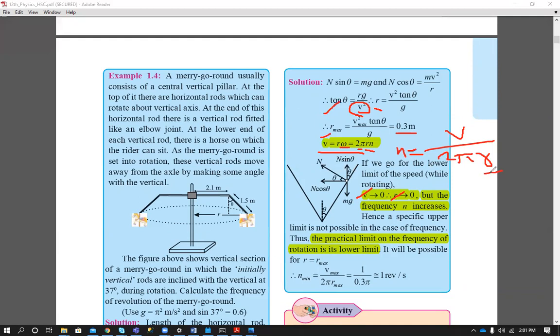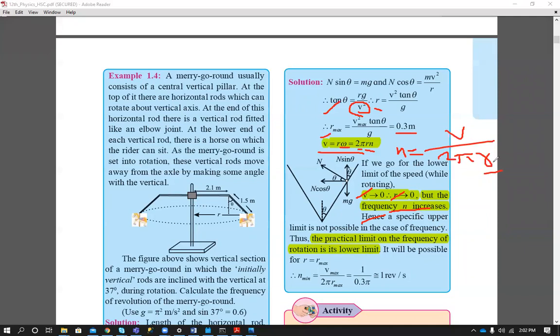But if the radius tends to 0, how will the frequency increase? So there is no upper limit. This case is not possible, because the conical section doesn't have any radius. Radius 0 means it is not a cone, so there is no possibility of an upper limit on frequency.